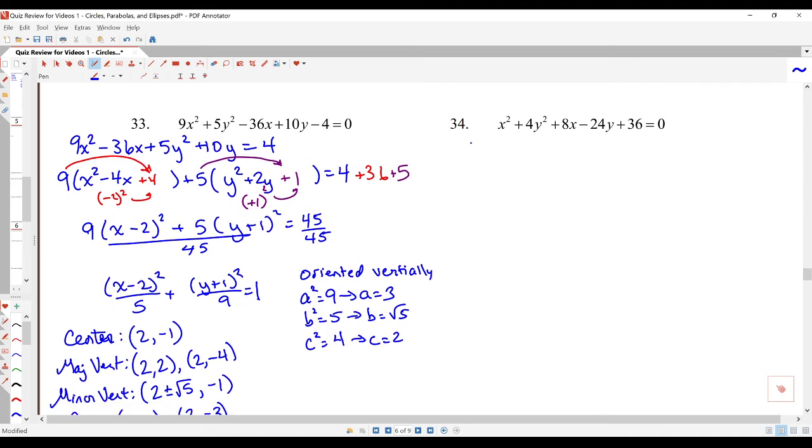Question 34. Same process here. Group the x's, group the y's, move the constant. GCF from the x's, there isn't any, leave a space. Take a common factor from the y's.